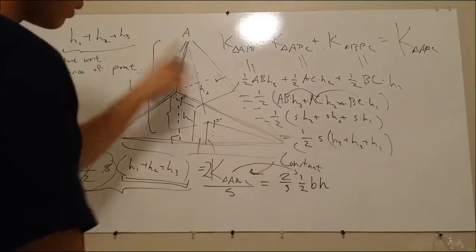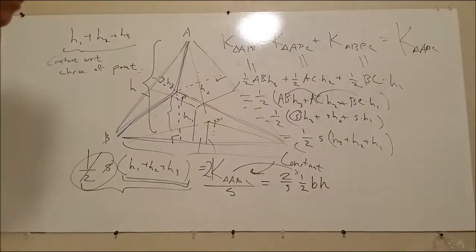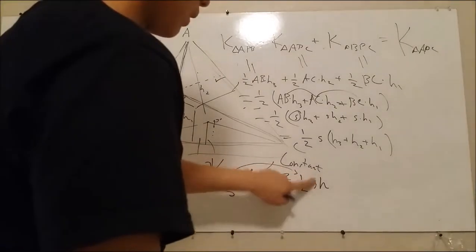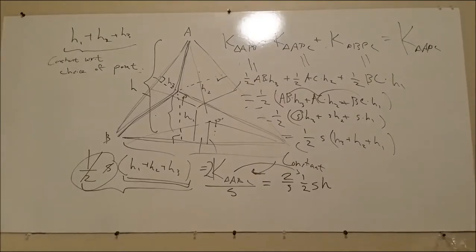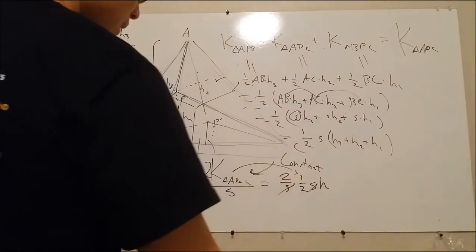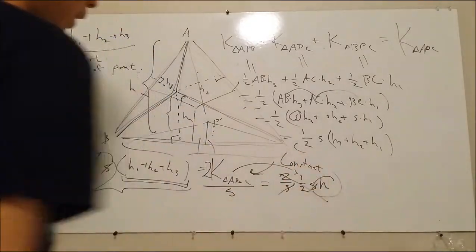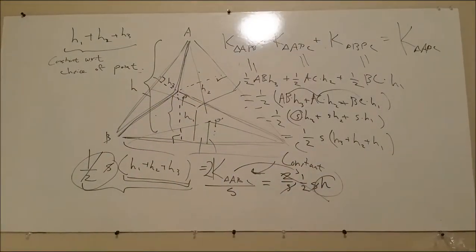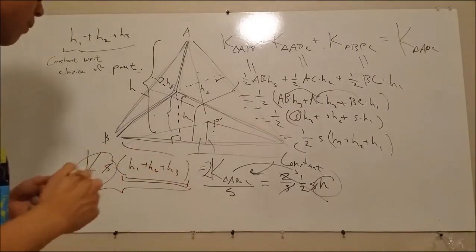Simply the length of any of these sides, because they're all equal. And we already denoted that as S. So we replace that with S. Okay? And look, it's this simple algebraic expression. These S's cancel out, these 2's cancel out. We're left with the height of the triangle. And that is the proof of Viviani's theorem. Right?